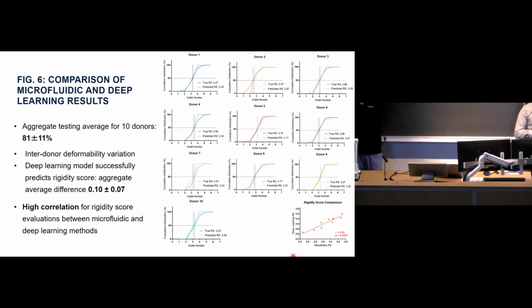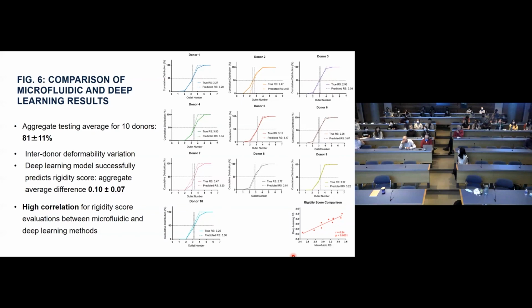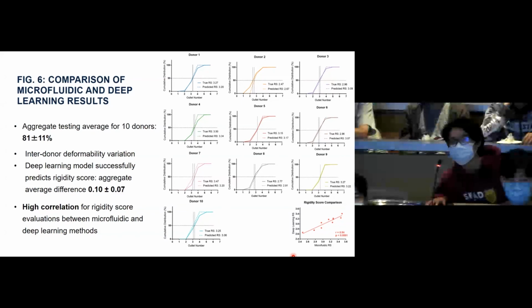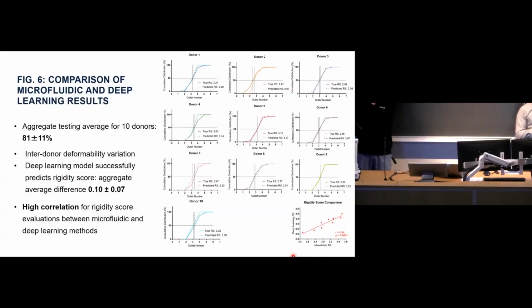Sure. You mentioned that all the donors had cells in either outlet 3 or 4, but does that explain why you grouped 2 and 3 and not, for example, 3 with 5 and 2 with 4? Oh yeah. So the difference between a cell being sorted to outlet 2 and being sorted to outlet 3 is a difference of a gap. There are small little tapers that the red cells are squeezed through.